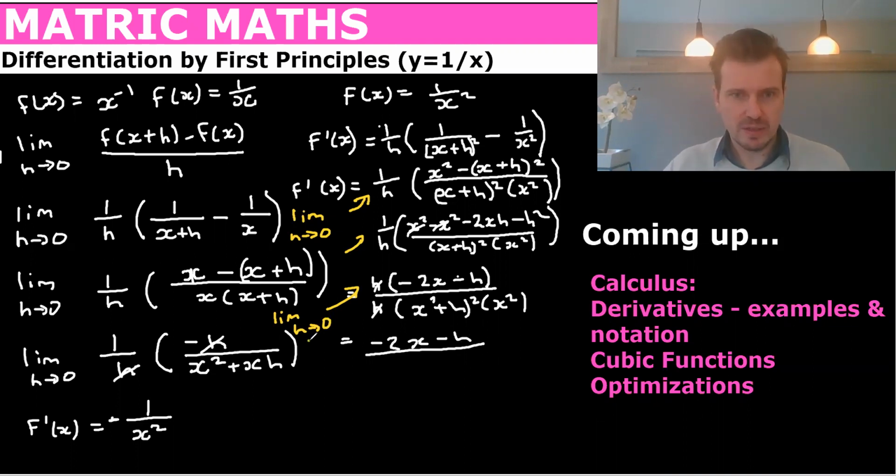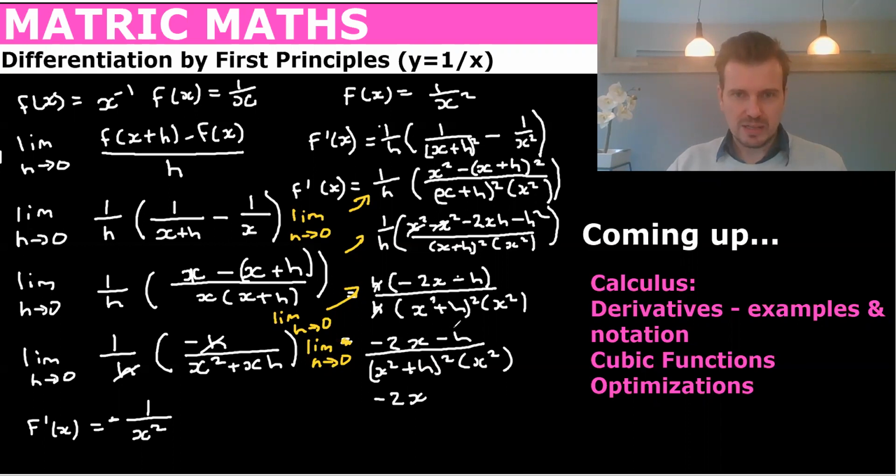So here we would say limit as h tends to 0, take that away. Okay, carry on. Now what we can do is make the h 0, and we end up with negative 2x. So now is where we take away the limit as h tends to 0.